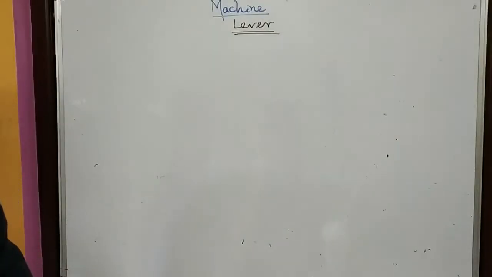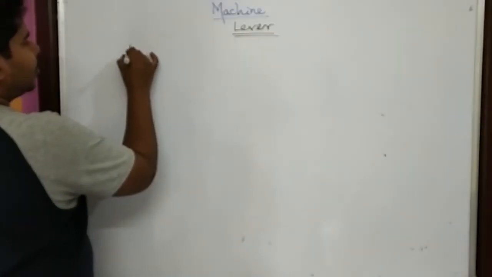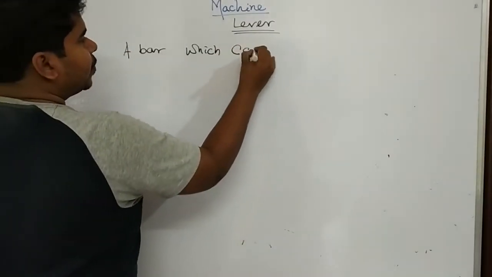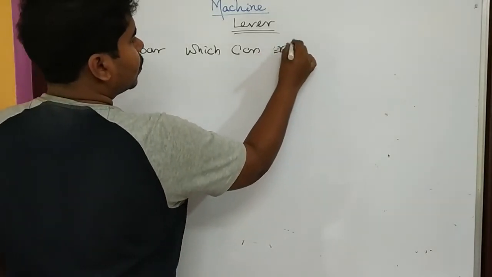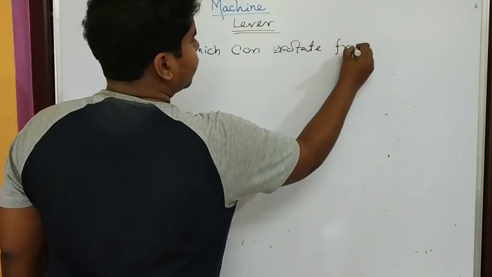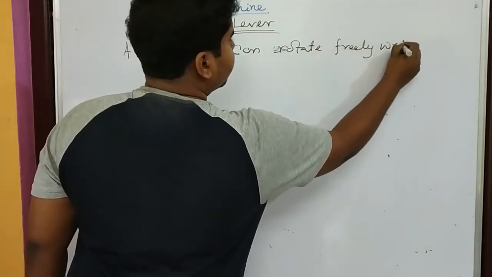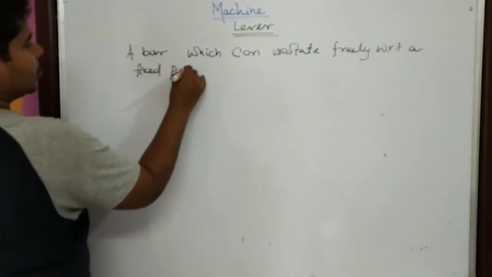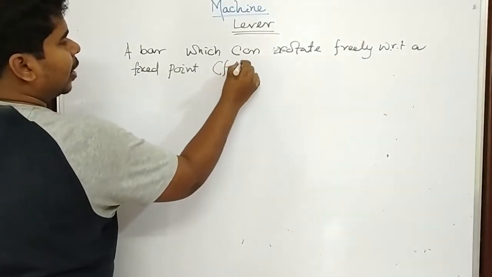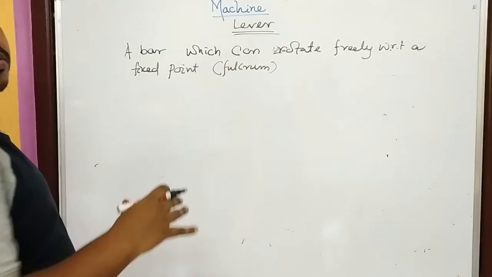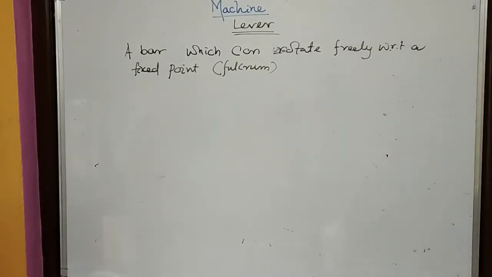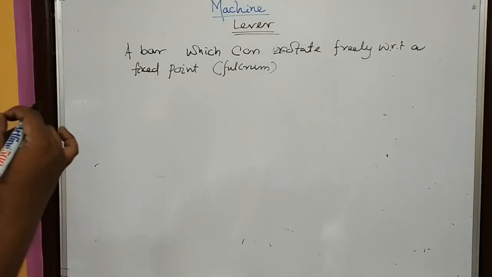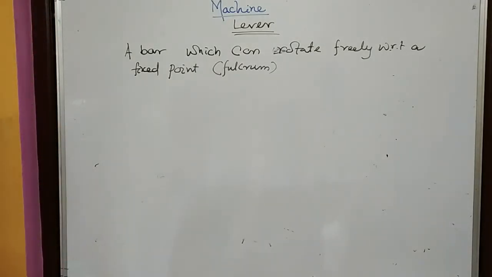The lever is basically a rod or a bar which can rotate freely with respect to a fixed point, and that fixed point is known as the fulcrum. Here I am not going into too much detail because you have already learned that. Depending on the position of the fulcrum, we can get 3 types of lever.